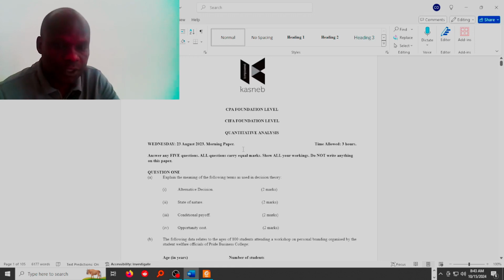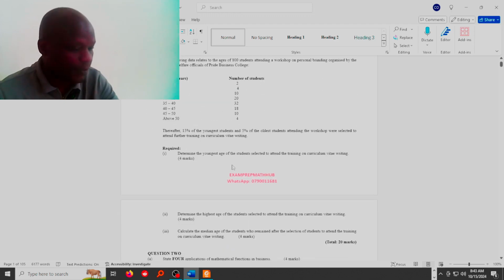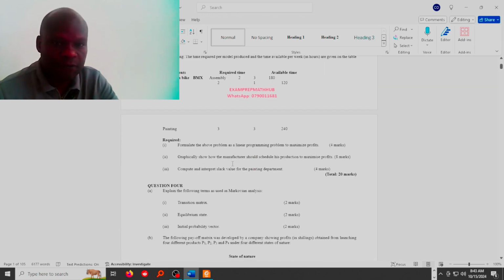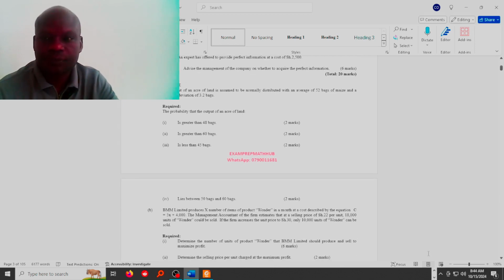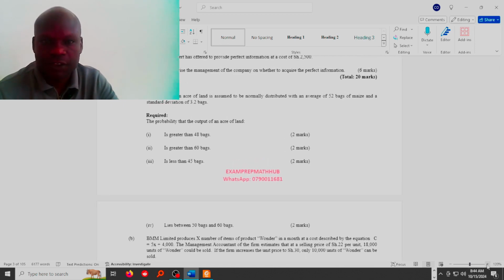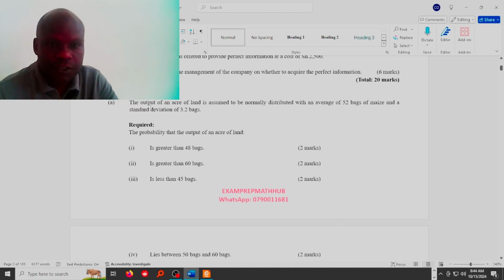The question of interest is that which deals with normal distribution, and we find that question in question 5A, which reads: the output of an acre of land is assumed to be normally distributed with an average of 52 bags of maize and a standard deviation of 3.2 bags.